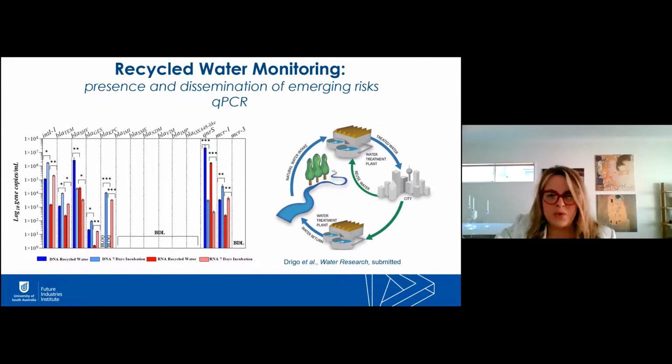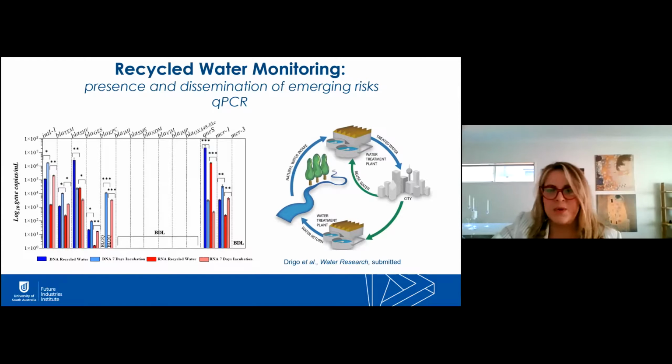To monitor the presence and dissemination of antimicrobial resistance, in our lab, we use next generation sequencing, qPCR, and digital PCR.